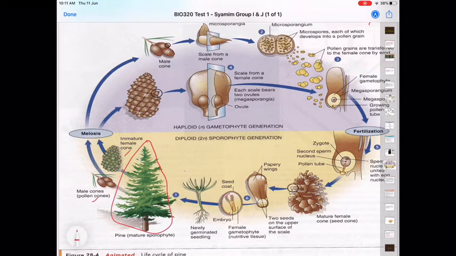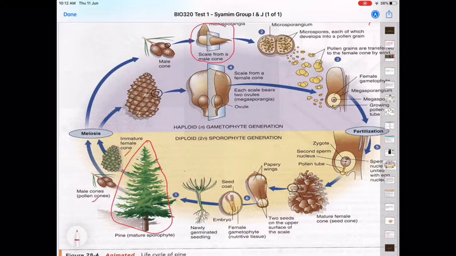Each of the scales contains the microsporocyte and megasporocyte, which will undergo meiosis. Each microsporangium goes through meiosis to form haploid microspores or haploid megaspores. So this is the cross section of the male cone.